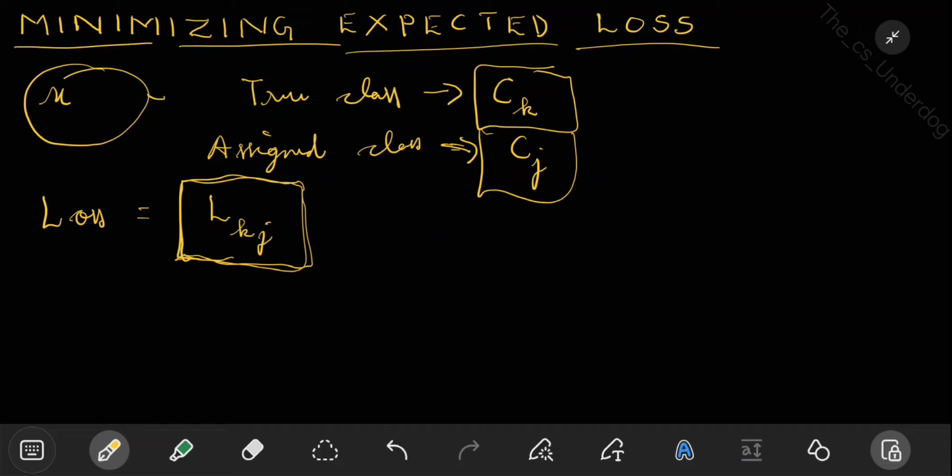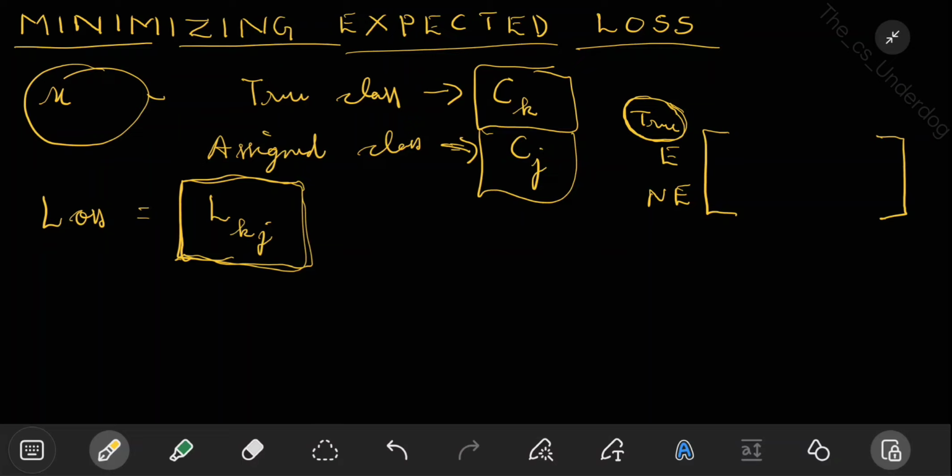So let us say this is my matrix. Okay, this is my matrix. In this matrix, I'll mark the true class here. So this is the true class. True classes are enemy, not enemy. There are two classes. And what is the true class? True class is the class to which it actually belongs.